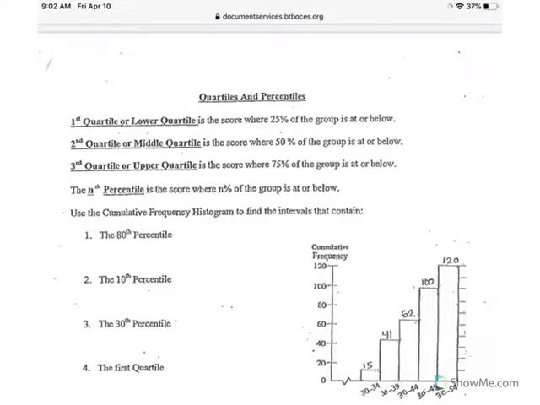So we are talking first about the first quartile, otherwise known as the lower quartile. When you see the word quartile, hopefully it makes you think of quarters.